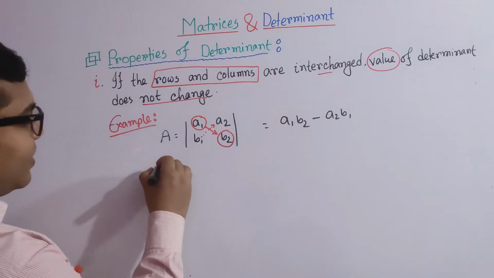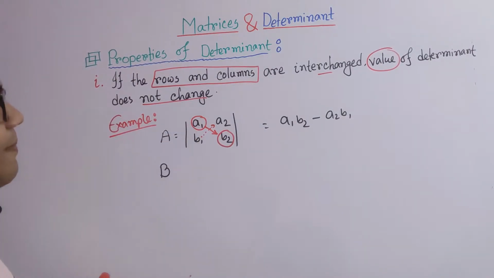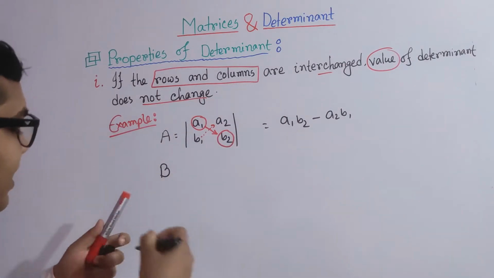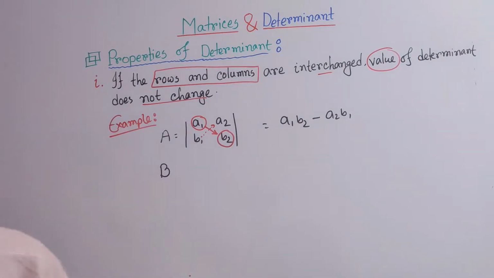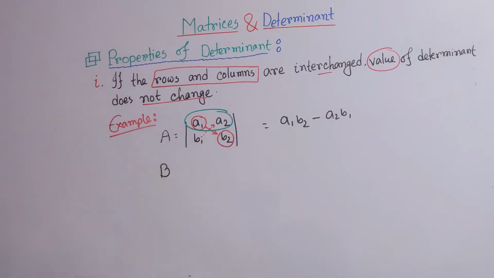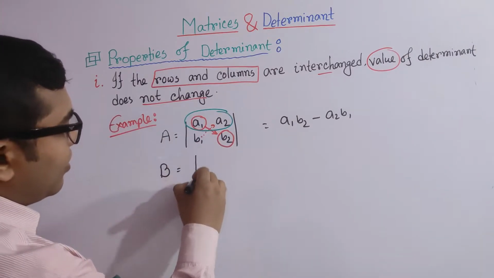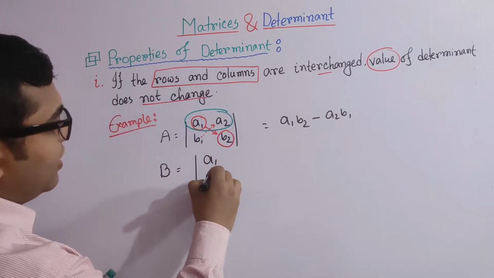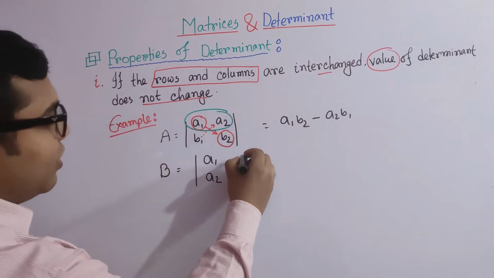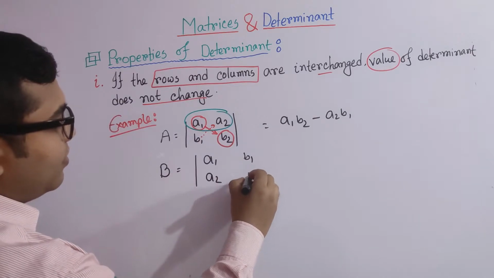And here suppose this determinant has had its rows and columns changed. For example, this row has been changed and converted into a column, that looks like a1, a2, and this row is also converted into the column b1, b2.